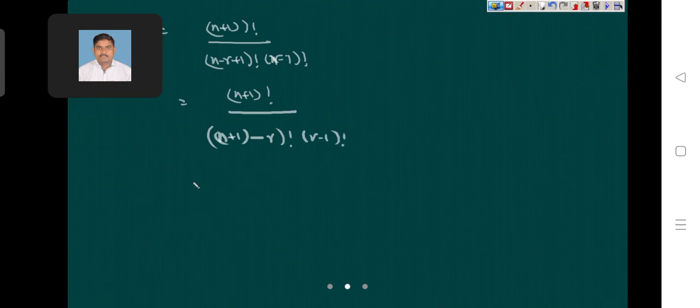Suppose I take n plus 1 equal to x, r equal to y. Suppose xCy, what you can write? xCy you can write as x factorial by x minus y factorial into y factorial. Am I correct?